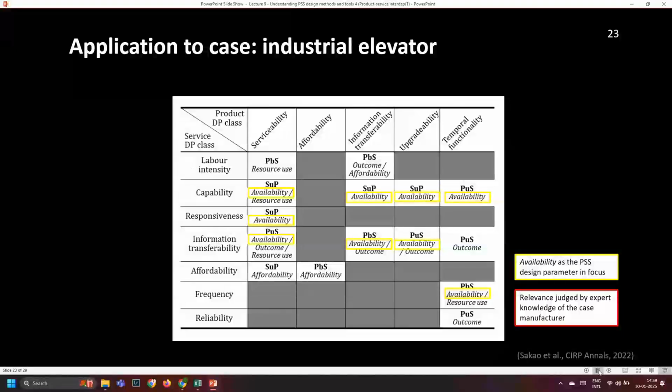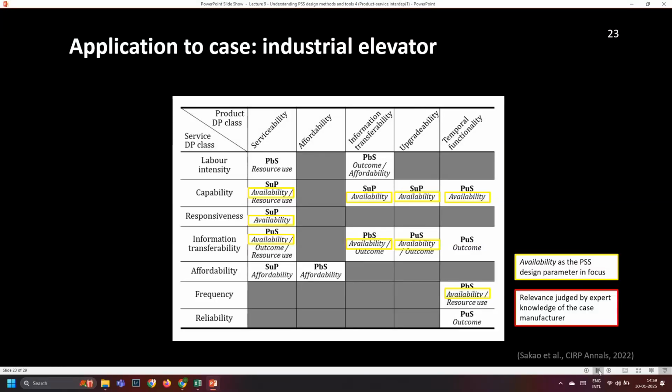Then we used the matrix. We first searched where availability exists in the matrix, as you see in the yellow marks. And we asked experts who are designers of this product and also services. And according to the experts, these three red ones are relevant in this specific case. Right?